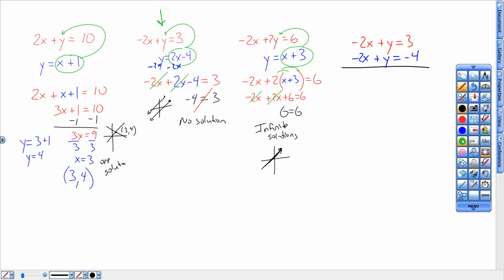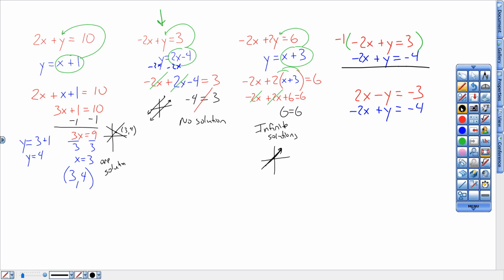I would have to times the top row by negative 2 to get that positive 2 action. That would give me, I'm sorry, not negative 2, negative 1. And if I times that whole top row by negative 1, gives me 2x minus y equal negative 3. And that bottom row, negative 2x plus y equals negative 4.